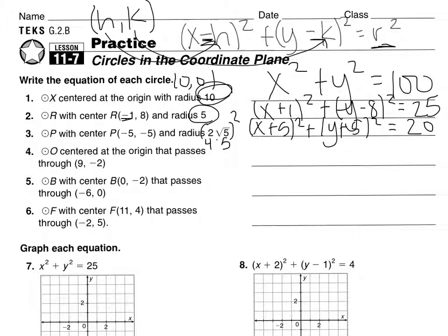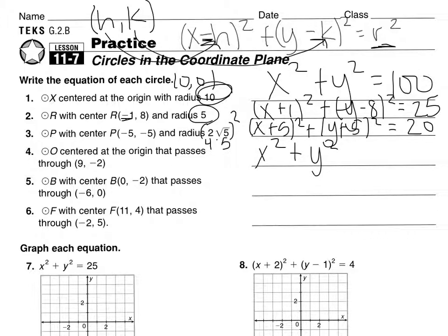Okay, so the next couple, instead of giving you the radius, I'm giving you the center and a point that it passes through. So you're going to have to use the Pythagorean theorem or the distance formula to find the length of the radius. So centered at the origin, this part over here is exactly the same. It's just x squared plus y squared.